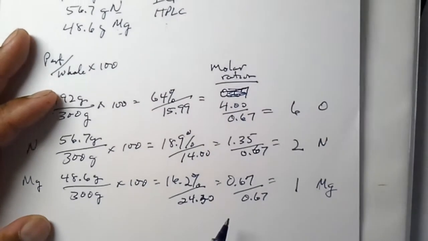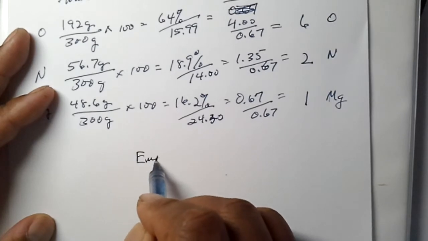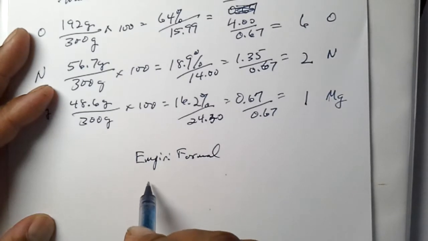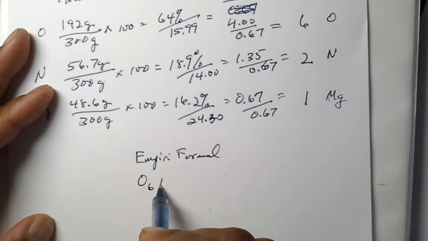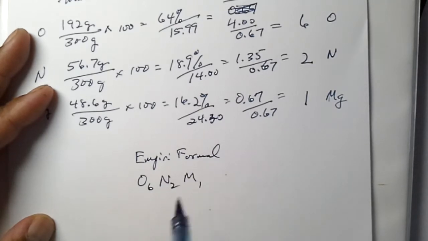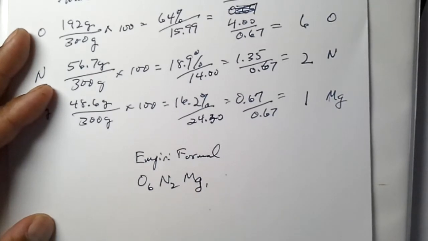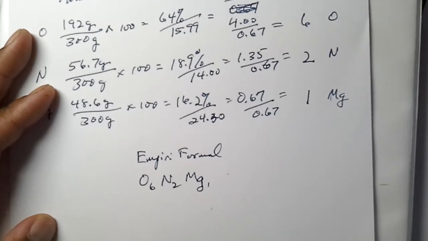So we can actually create an empirical formula which consists of O6, N2, Mg1. And when we talk about our nomenclature, which will be coming up soon, we actually know that this ratio of elements can be reduced.